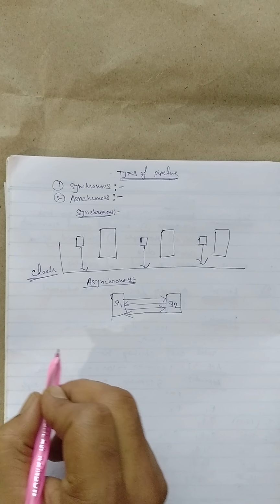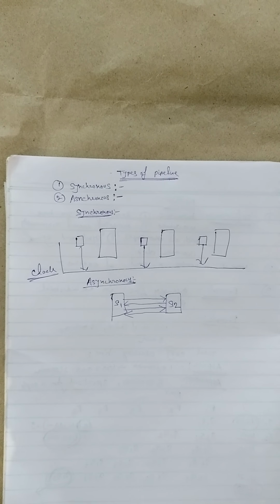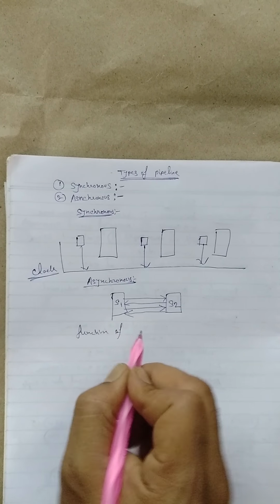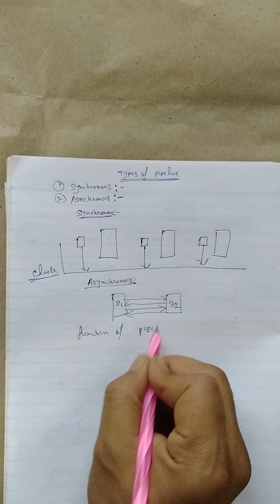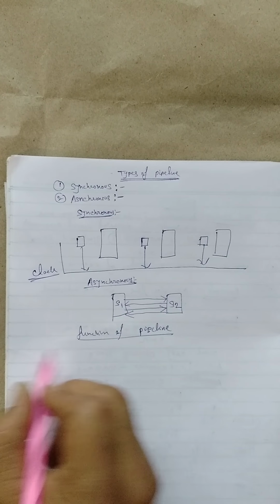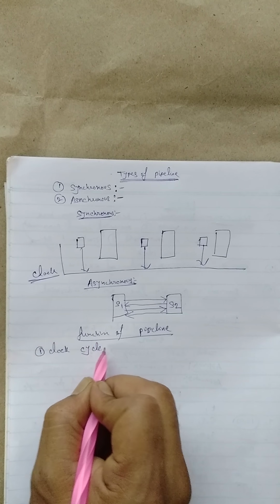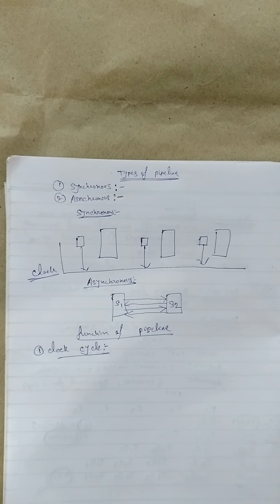Now, the next concept will be the different functions of pipeline. Number 1. What is clock cycle? Clock cycle can be defined as the time within which an instruction must be executed.